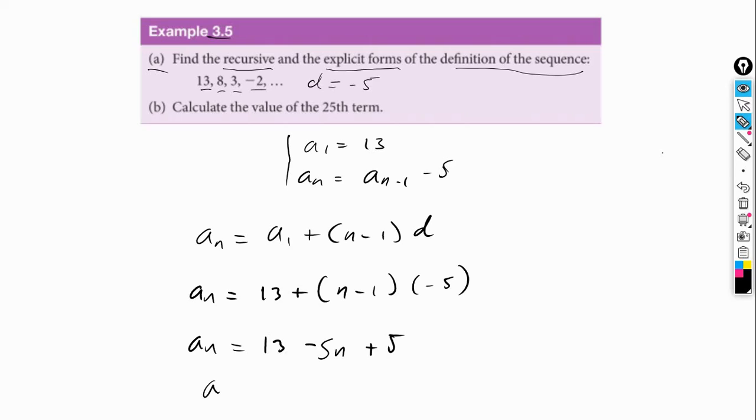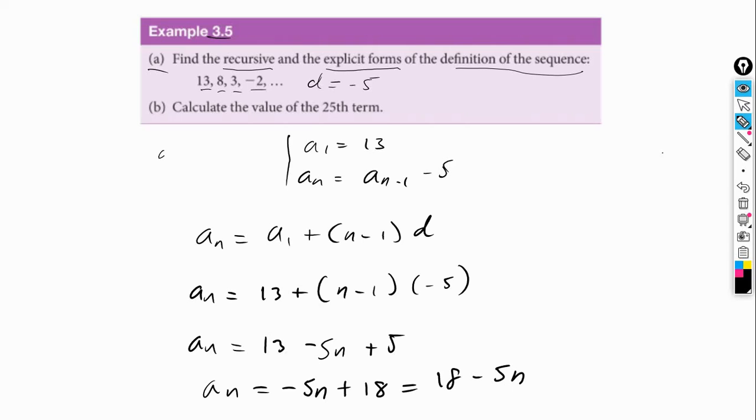So the explicit form of the sequence is minus 5n plus 18, and we can test that with the values, and it'll work. Some people would prefer to write it as 18 minus 5n. That's preferable, probably.